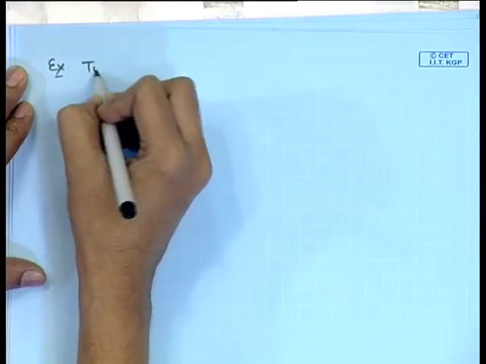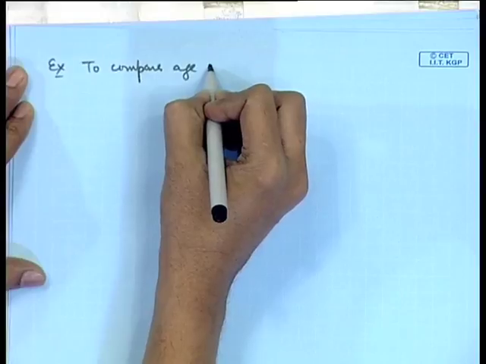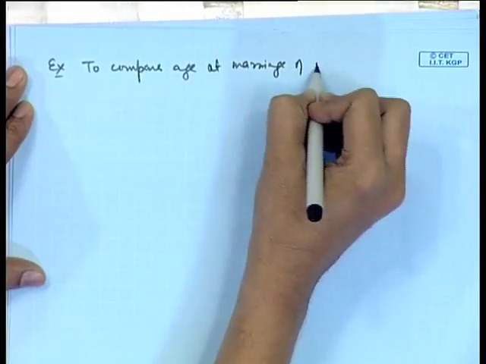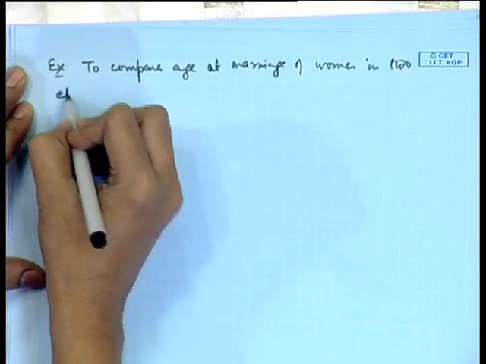Let me take another example here. To compare age at marriage of women in two ethnic groups.